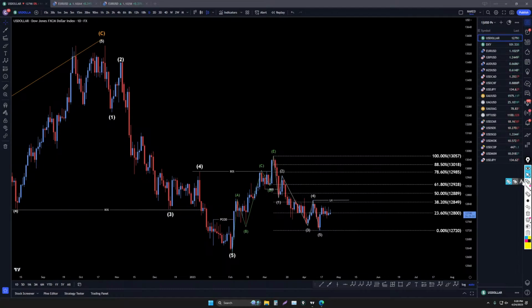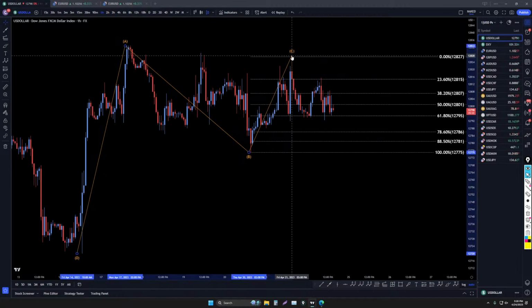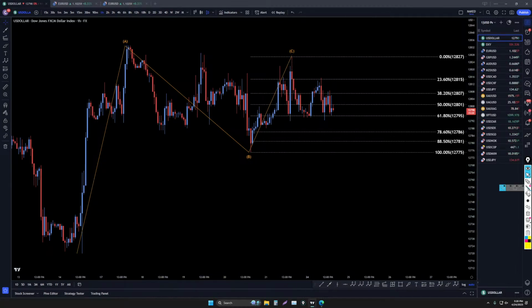The fact that it hasn't taken out structure to the upside still tells me that it could just keep on going down. So I'm still very bearish on the dollar. I still think there's a good chance this could be the end of a correction. But like I said, when you have the end of a wave C, it needs to make a downtrend.